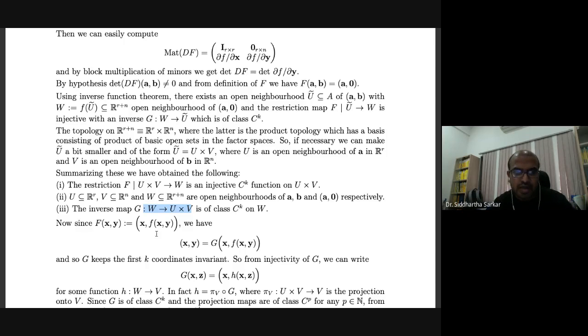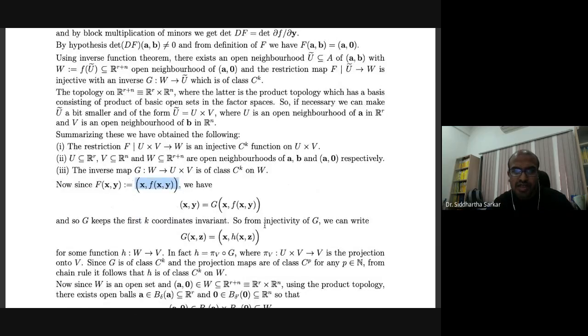So the only thing now is I need to find out how g explicitly looks. So my f(x, y) is like this, and therefore (x, y) should be equal to g of the point on the left. What I can do is take this particular expression f(x, y), plug in a z over here, and I am going to recover the function h(x, z).